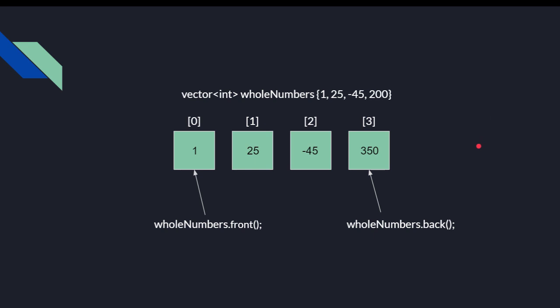But there is one very important difference between the vector and array. Whenever you add a new element to a vector, it's going to be automatically increased. So when you add a fifth element, because 1, 2, 3, 4, fifth, it's going to be added here without any problems. This vector is going to become bigger when you add a new element to it.